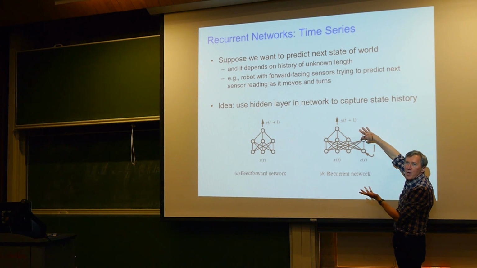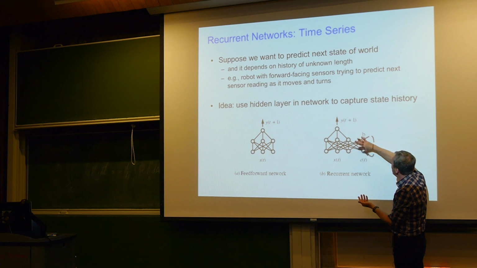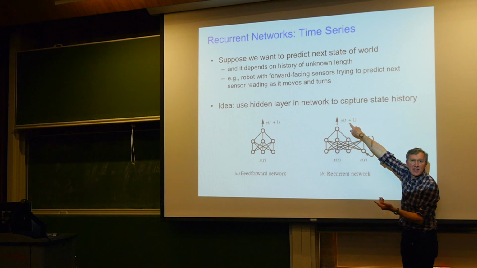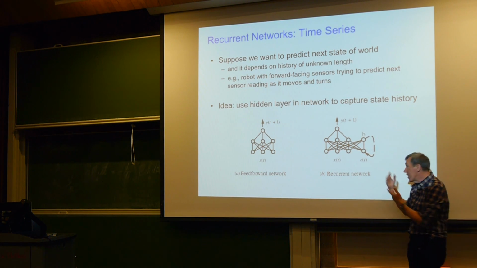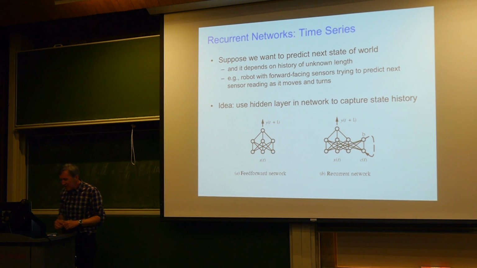I'm showing it just with one node, but it could be many. We want to learn a representation of the arbitrary past that's going to be useful for the classification prediction problem that we're trying to do. And if we can come up with a training procedure to do that, then this will be a useful thing.